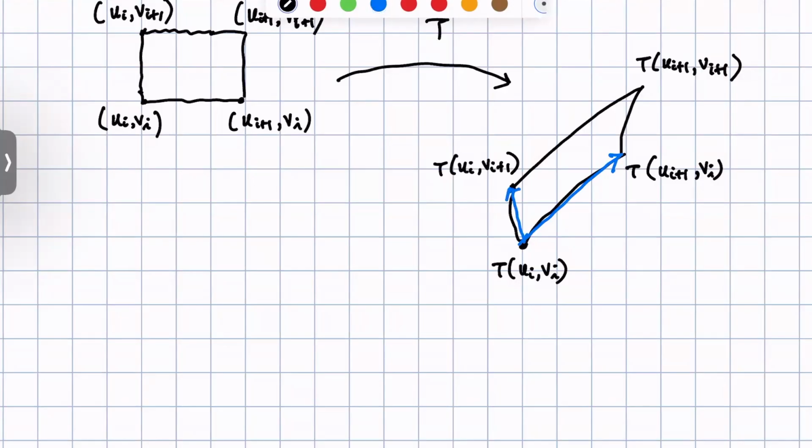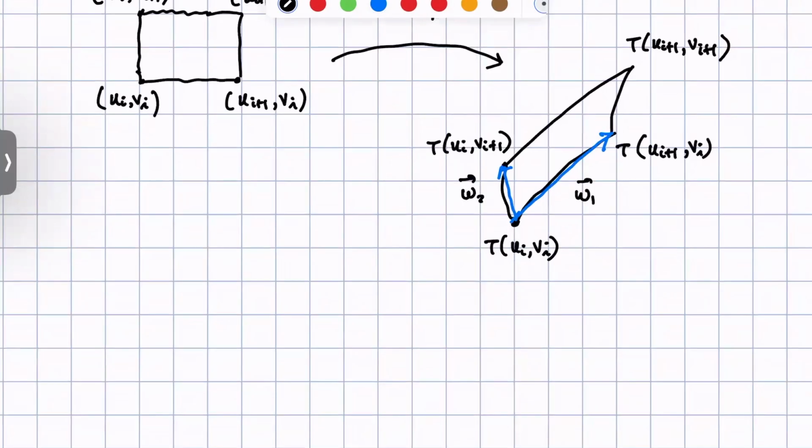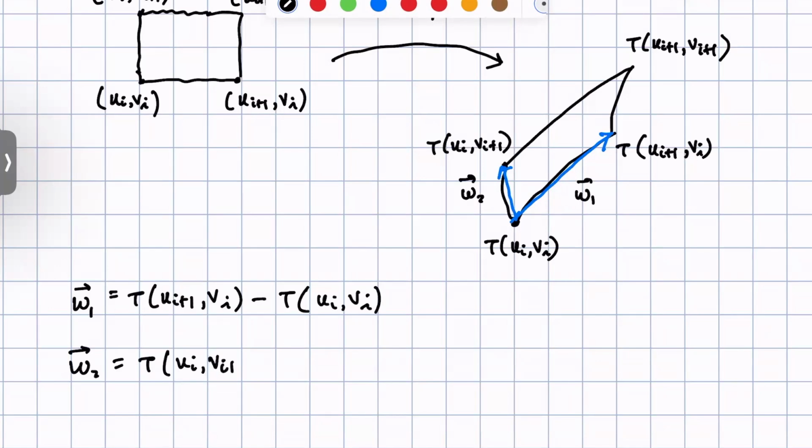Let's call this A and this B for now. Oh, I already used A and B for something else. Let's call them W1 and W2. W1 is the final endpoint minus this endpoint right here, and W2 is T of u_i v_{i+1} minus T of u_i v_i.